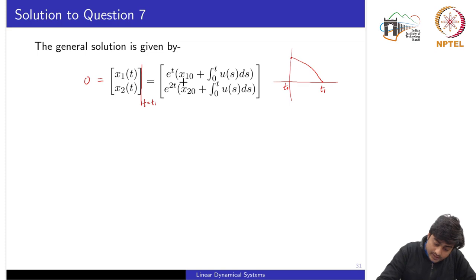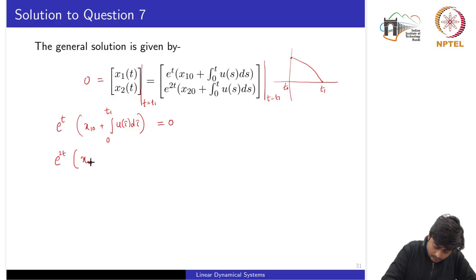Okay, so if I write these two equations explicitly, I would have x10 plus the integral from 0 to t1, because now I have replaced t equal to t1 on both sides, equal to 0.